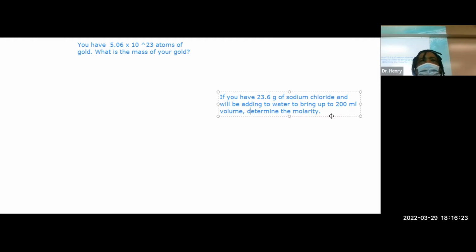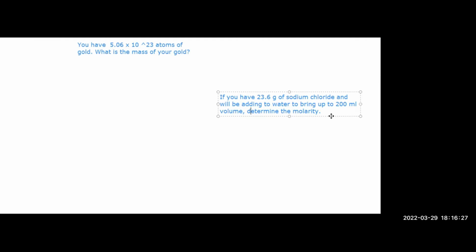So how would I start this problem? Start with our given, right?